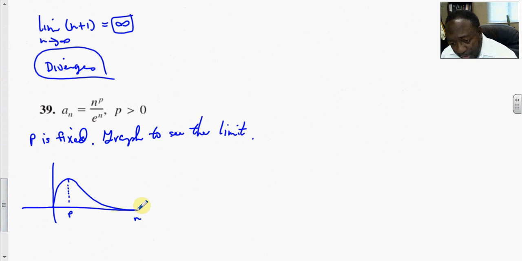Now, in a nutshell, to see that the limit is 0, obviously e to the n is larger than n to the p. And so your denominator is larger than your numerator. The denominator increases in value faster than the values for the numerator. Thus, the limit comes out to give you 0.